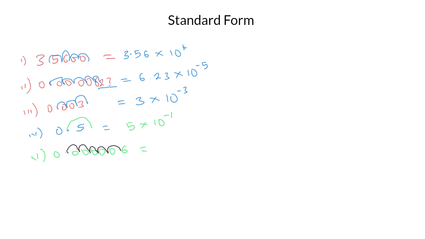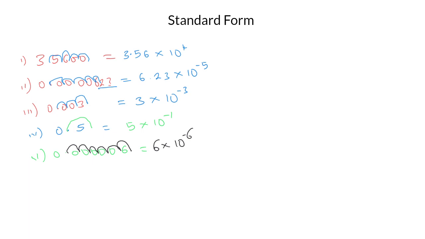That's lesser than 1. So I have to go behind 6. Okay, 1, 2, 3, 4, 5, 6. And that will be 6 multiplied by 10 to the power of negative 6. So now this is how to write any number in standard form.